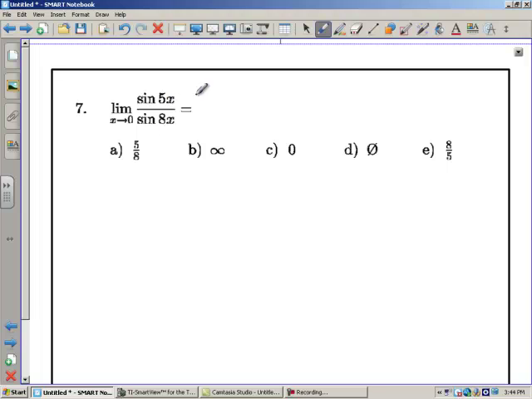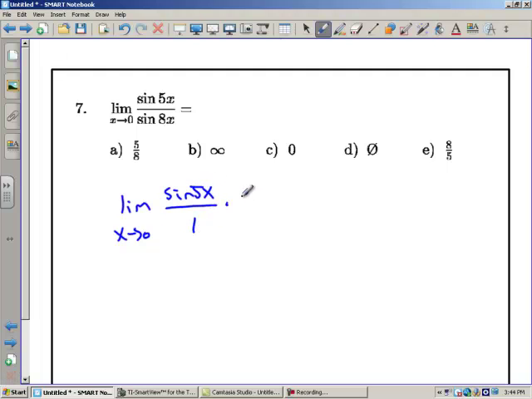Let's do another example here. I've got signs in both the numerator and denominator. So what we're going to do is we're going to separate this as the sine of 5x over 1 times the limit as x approaches 0 of 1 over the sine of 8x. So I'm going to show you my clever form of 1.